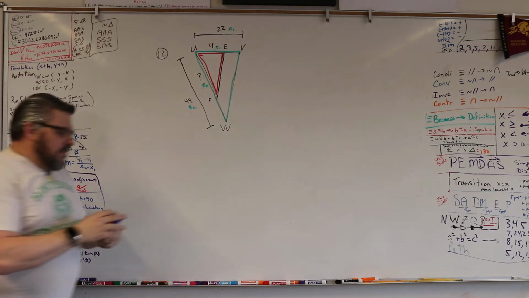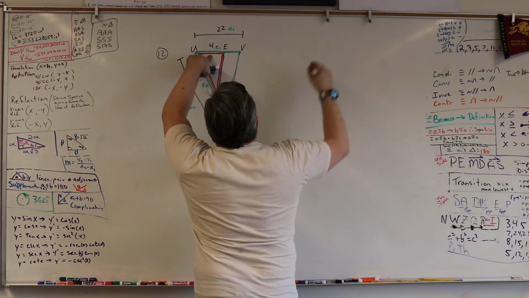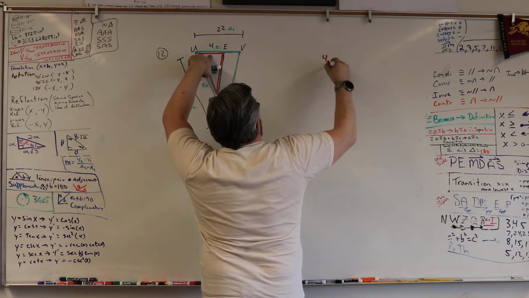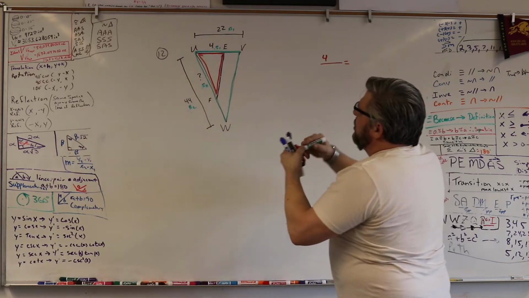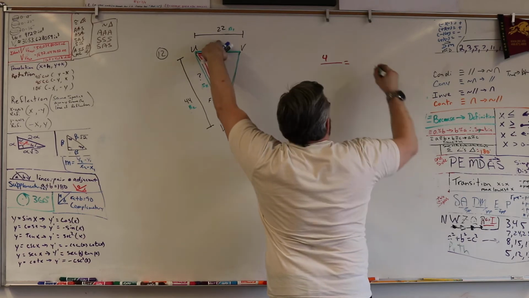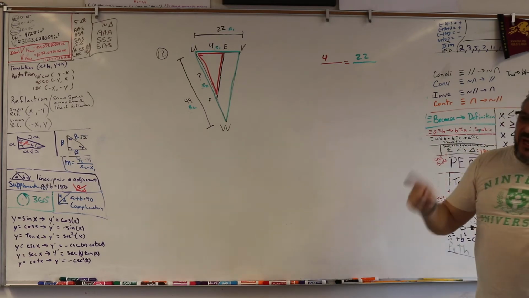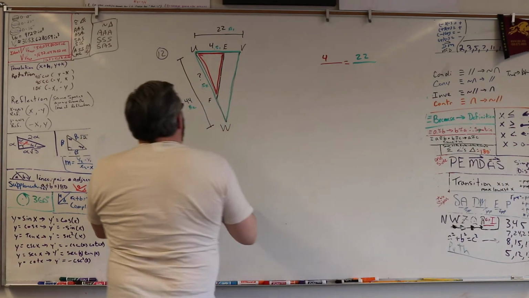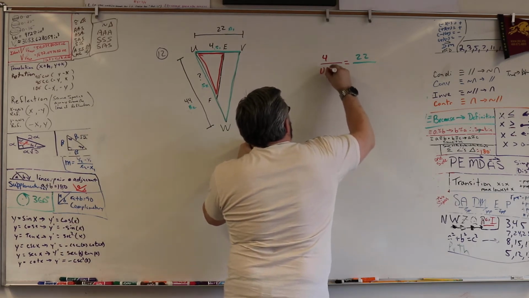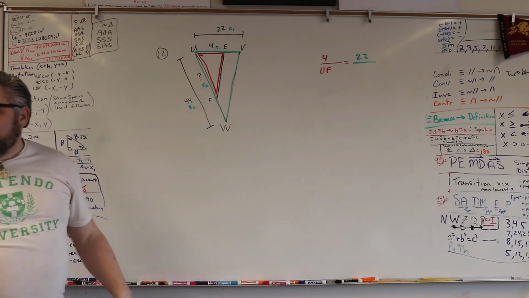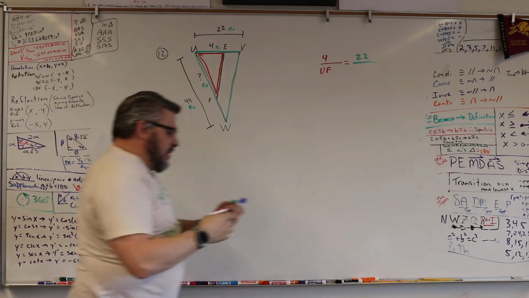So then I'm going, hey, the small side of the red is 4, the small side of the green is 22, as the big side of the red, we'll call that UF, is to the big side of the green, which is 44.